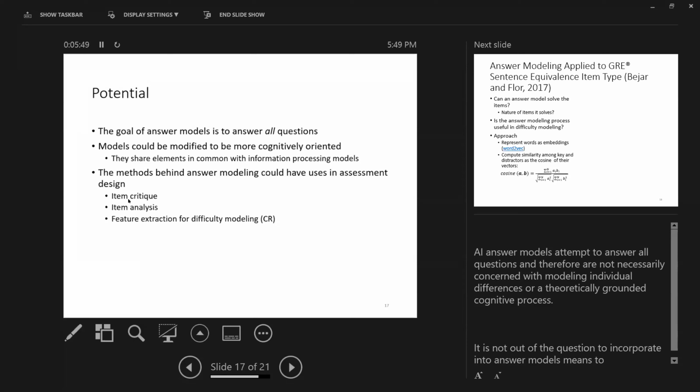So if this model that presumably is able to answer all the items doesn't answer correctly some of the items, it could be because there's something wrong with the item, and therefore some subject matter expert should review it. So that would be some of the potential for these kinds of AI technologies applied to AIG, augmented with this idea of item critiquing.